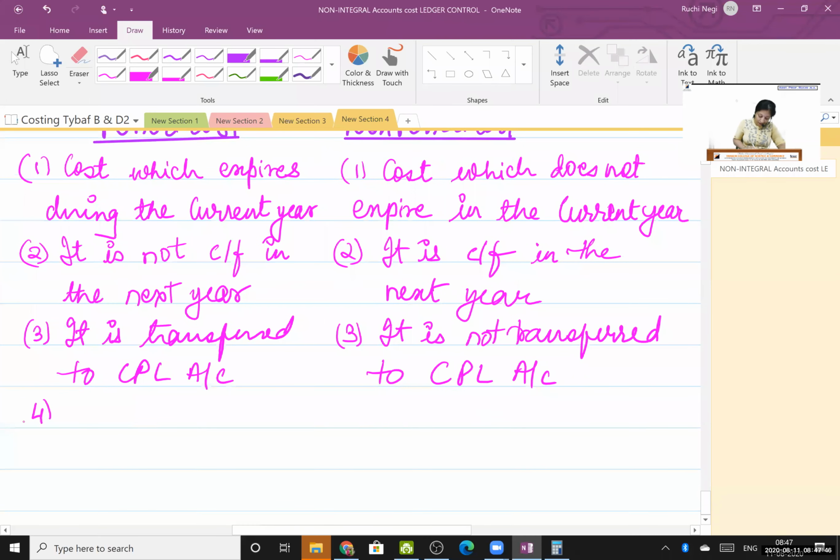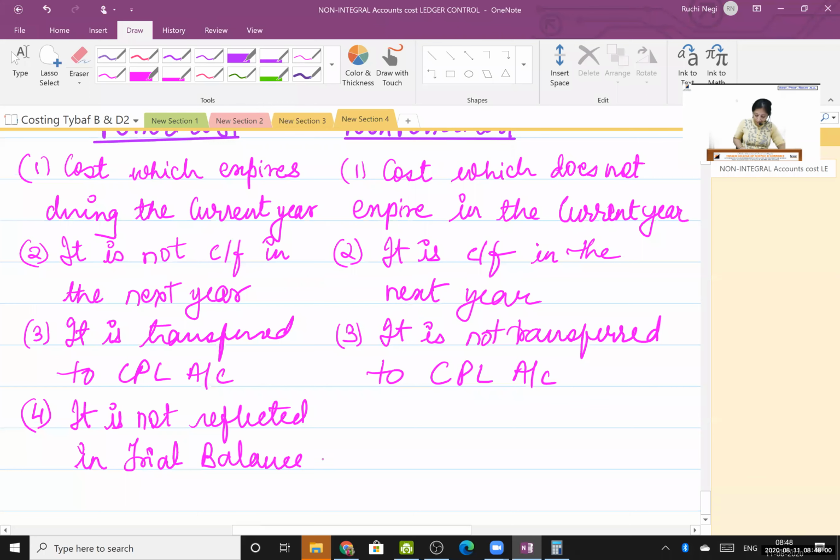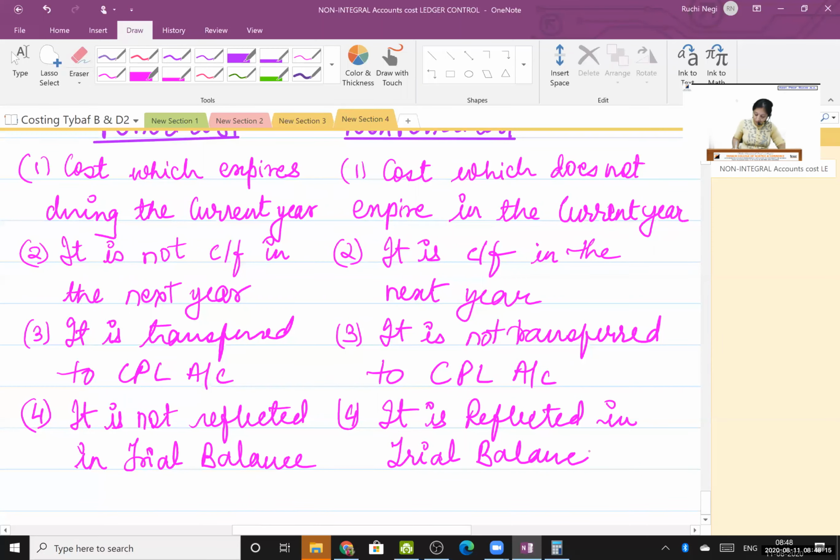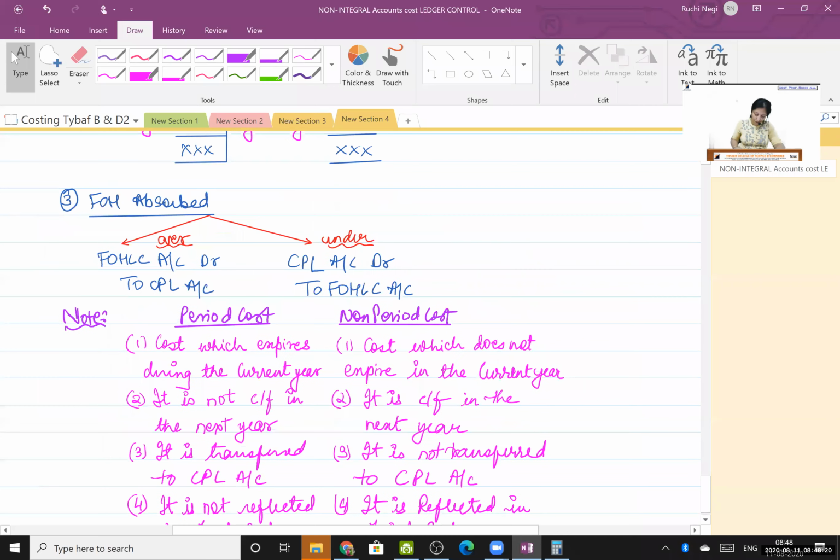What does it mean then? It is not reflected in trial balance. And here again, it is reflected means shown. It is reflected in trial balance. Okay.